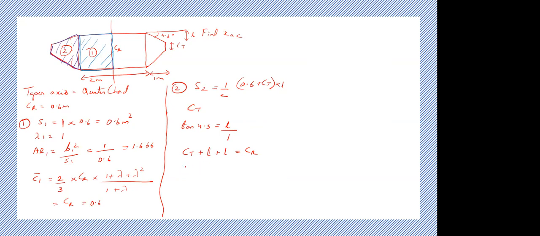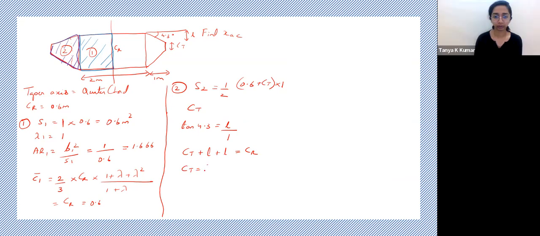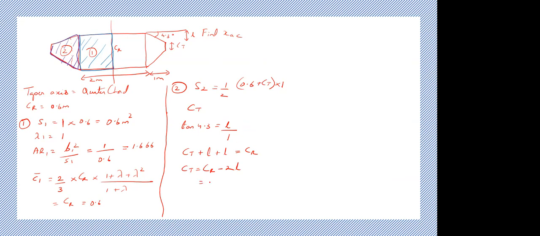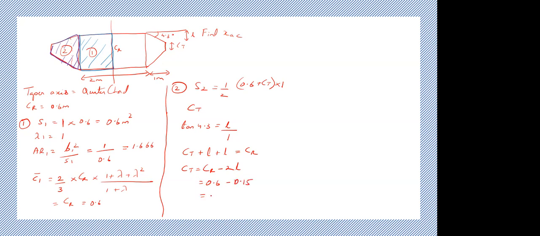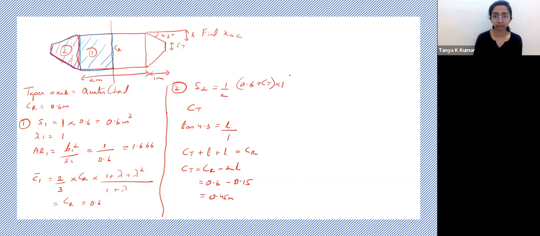So you have CT equal to CR minus L. L is 0.15, coming from 1 times tan 4.3. So 0.6 minus 0.15. What is the value? 0.45. Okay. So now we substitute this into this equation. How much do you get?